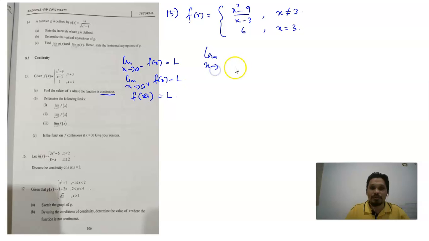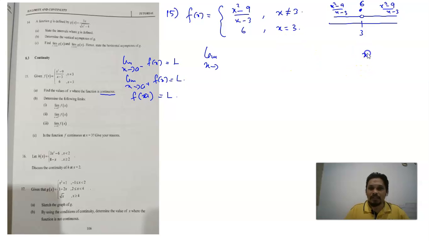Now, for this one here, when x is exactly 3, then the function is 6. And when x is not equal to 3, the function is (x squared minus 9) divided by (x minus 3).